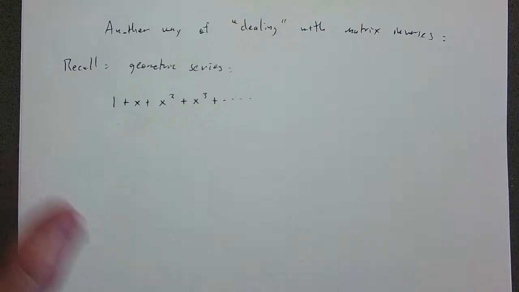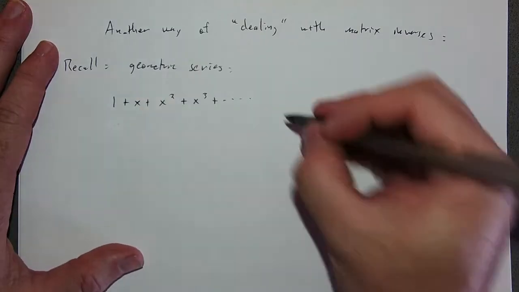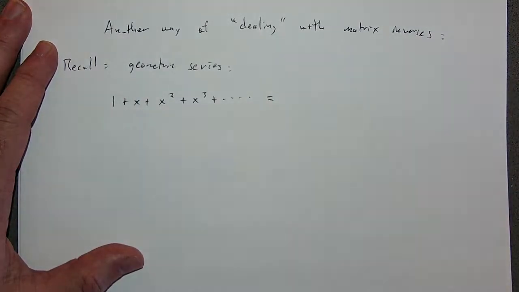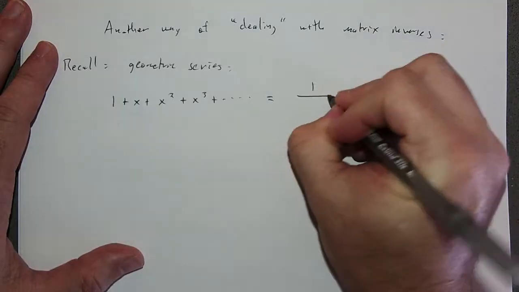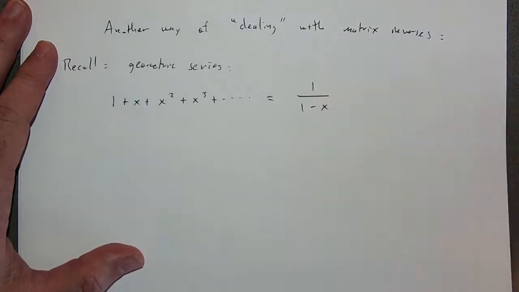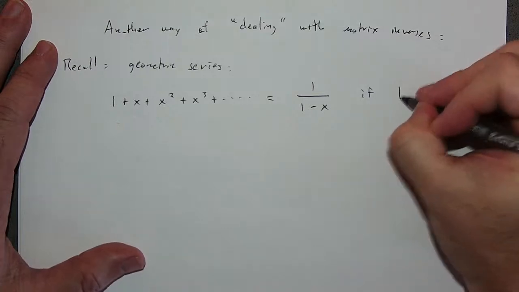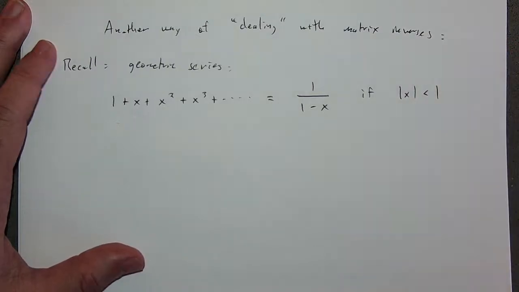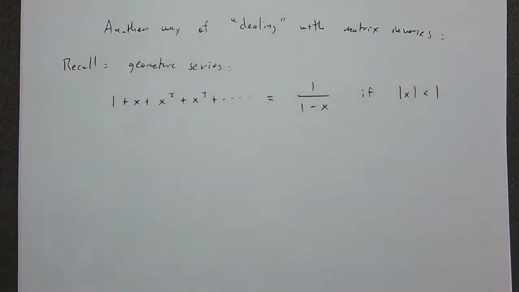Well, my geometric series sum formula, owing essentially to Archimedes, is this. Now, this wasn't always the case. This was if the absolute value of x is less than 1, or the modulus of x is less than 1. This is what we get. Now, there's something to talk about here.